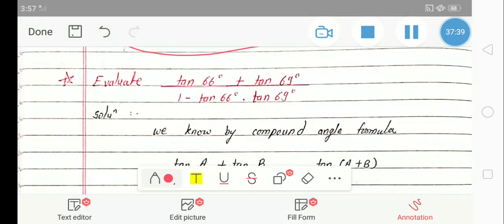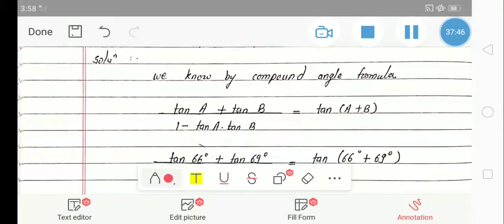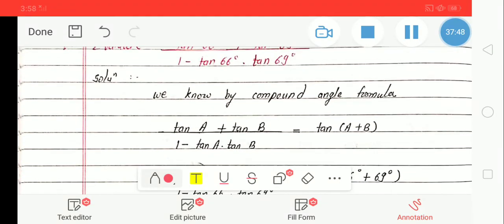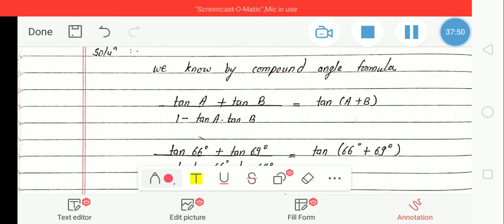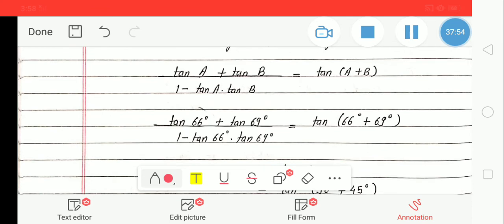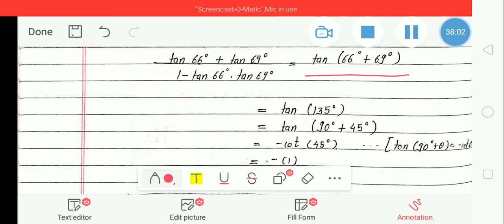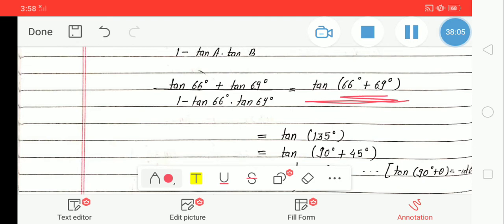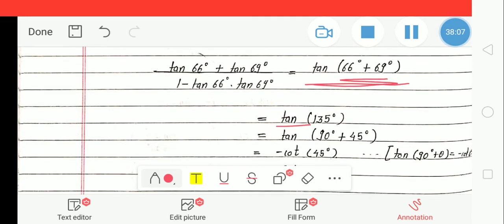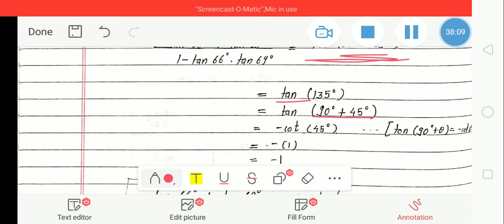Now another: tan 66 plus tan 69 divided by 1 minus tan 66 tan 69. Same here. We know the compound angle formula: tan a plus tan b divided by 1 minus tan a tan b is equal to tan of a plus b. Now here a is 66 and b is 69, so putting 66 and 69, the addition gives tan 135. We can also write it as 90 plus 45.